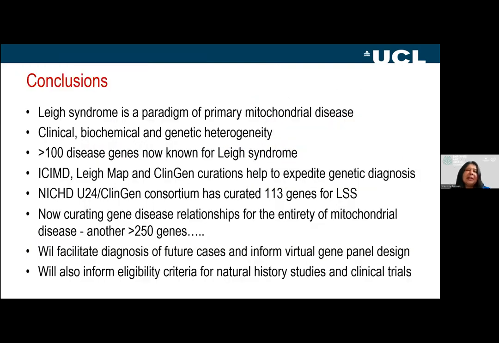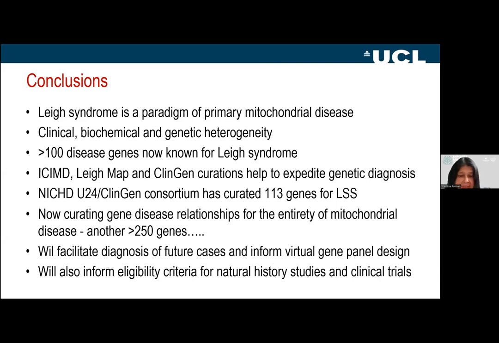I just want to conclude by saying Leigh syndrome, I believe, is a paradigm of primary mitochondrial disease, and it's the most common clinical presentation, sadly, in children, particularly in the clinic that I work in, with all of this heterogeneity and complexity at clinical, biochemical, and genetic levels. We have more than 100 disease genes, which makes things even more difficult. I've shown you 3 diagnostic resources, ICIMD, LeMap, and ClinGen.